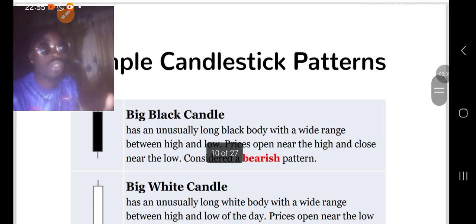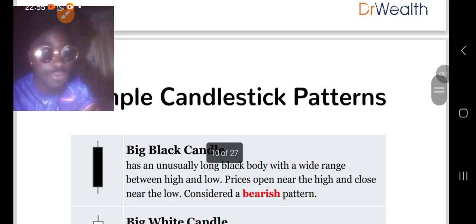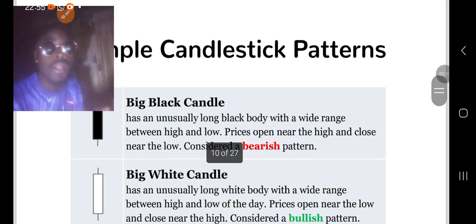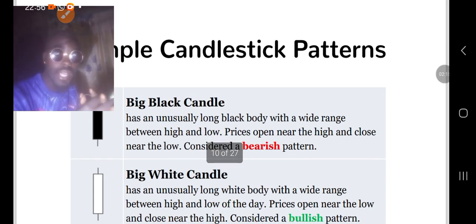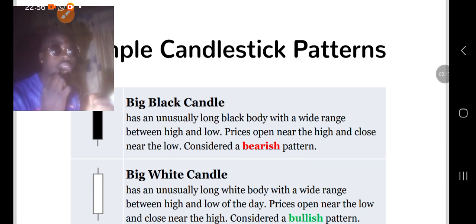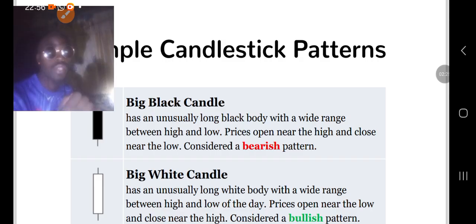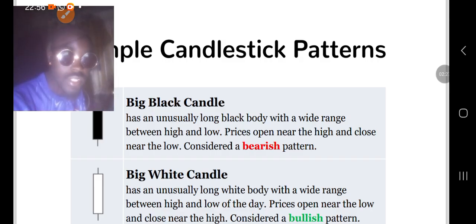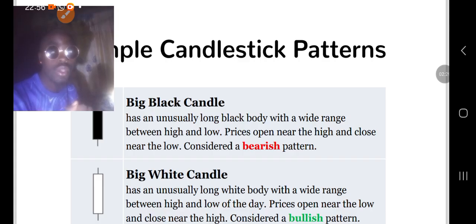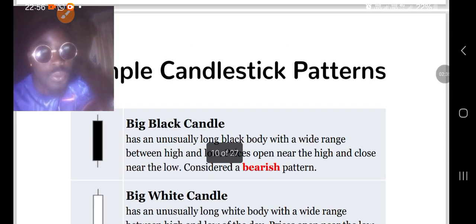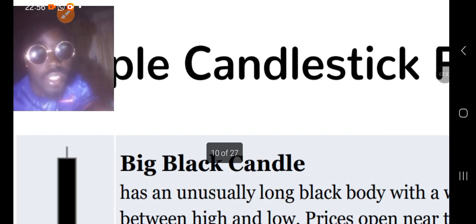So we have simple candlestick patterns. Let's look at them keenly. We have the big black candle, with an unusually long body and a wide range between high and low. Prices open near the high and close near the low. The candlestick is bearish, and most of the time they are red or black candles.